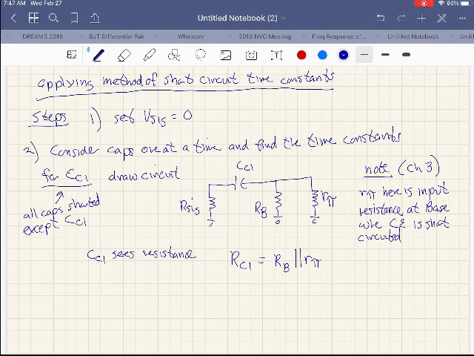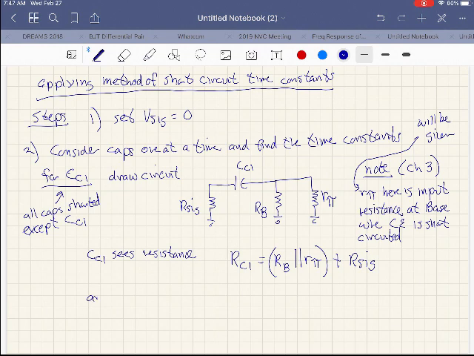Oh, one other thing I forgot to mention: R pi will be given, it's a spec. So we've got RB in parallel with little R pi plus R sig.